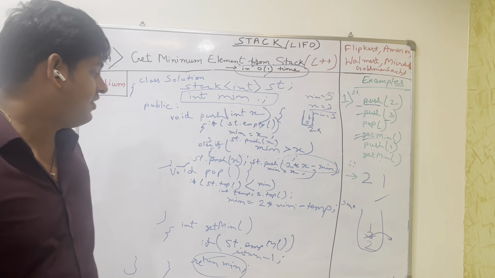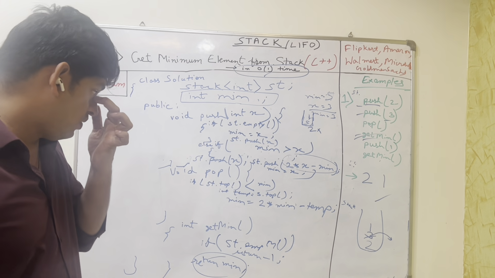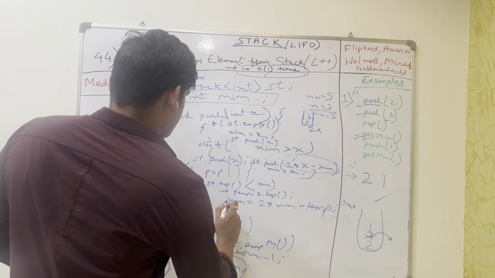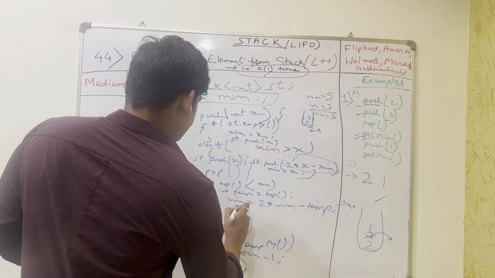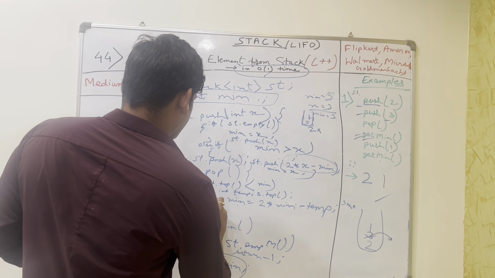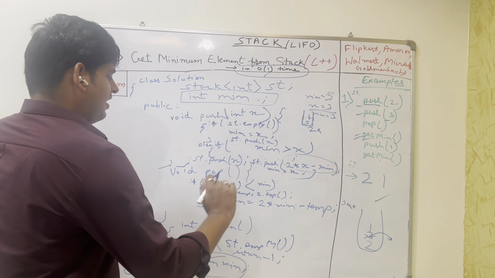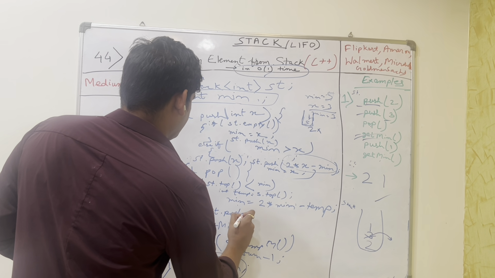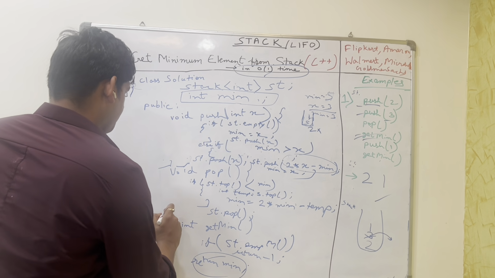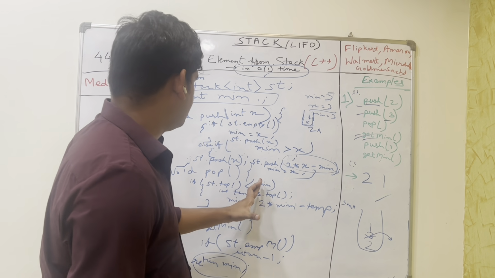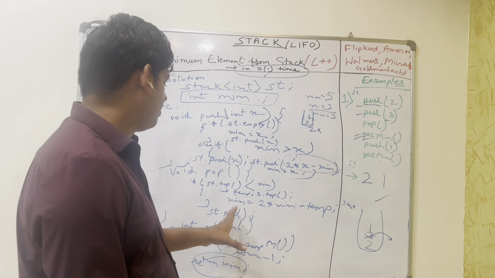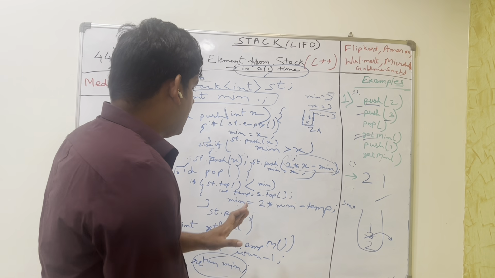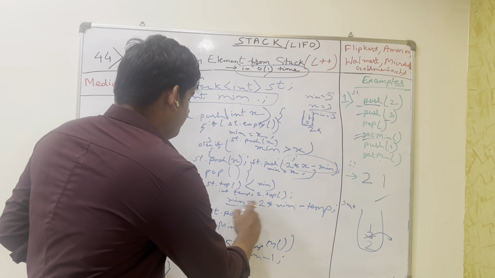This will be my minimum value. How? I'll explain. And then I will just pop it. Either if this condition is true or false, we need to pop this. So I have popped the element. The t value will be removed from the stack top, and I'll have my min value changed.